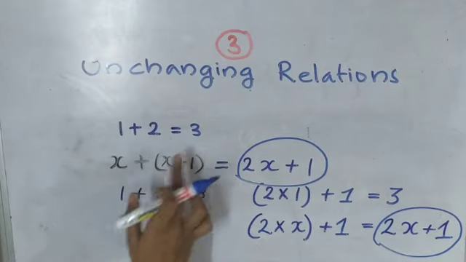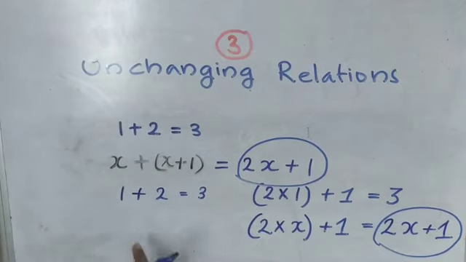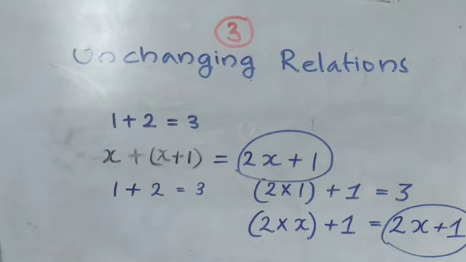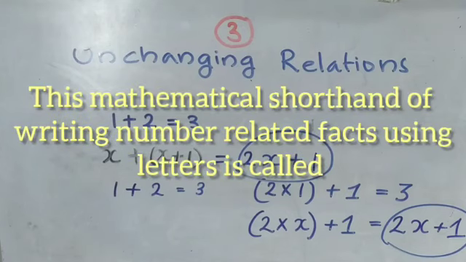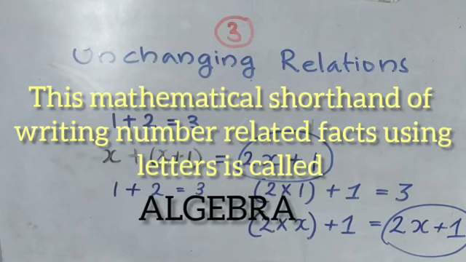So these were the two methods, and the common answer we are getting using letters is also the same. So my dear friends, this mathematical shorthand of writing number related facts using letters is called algebra.